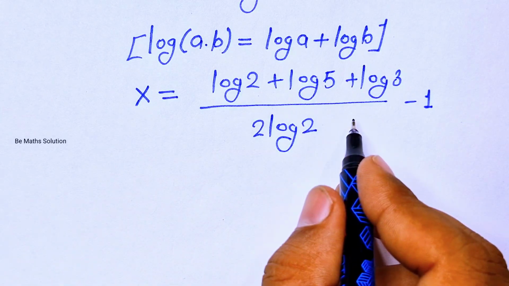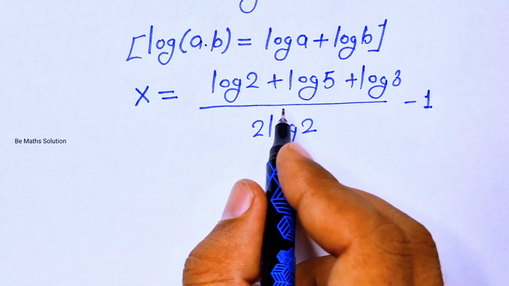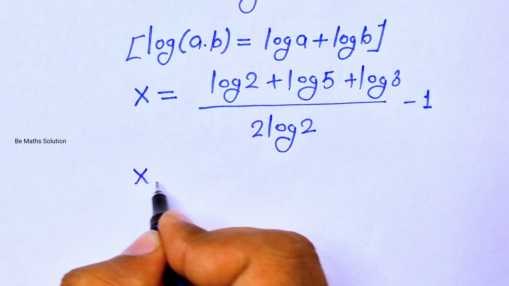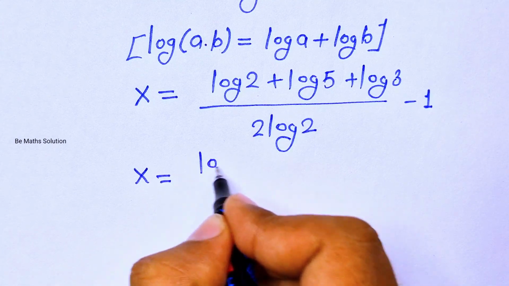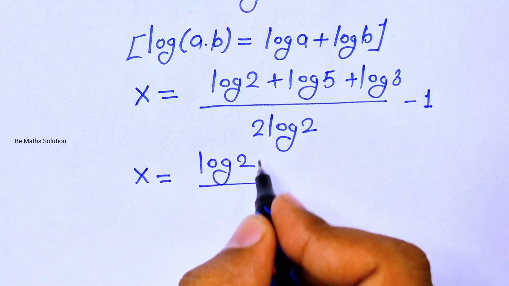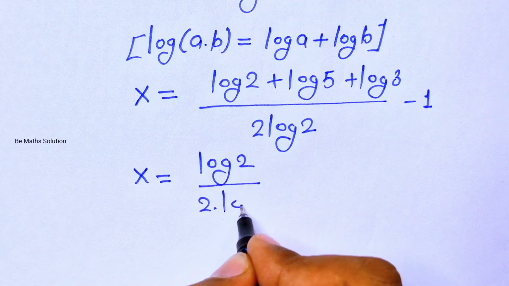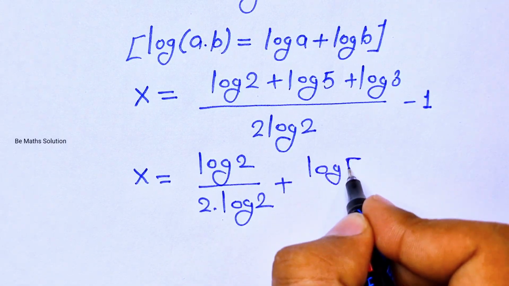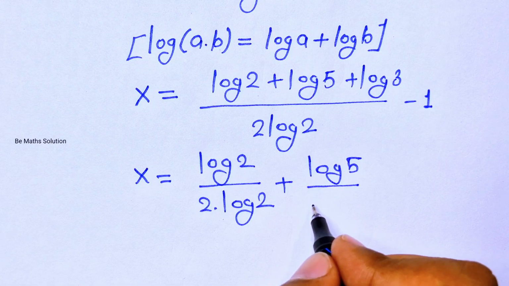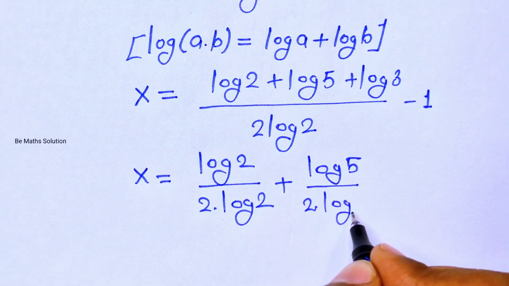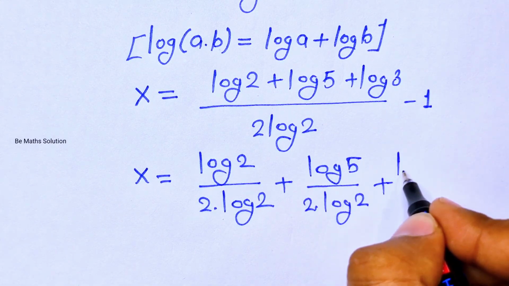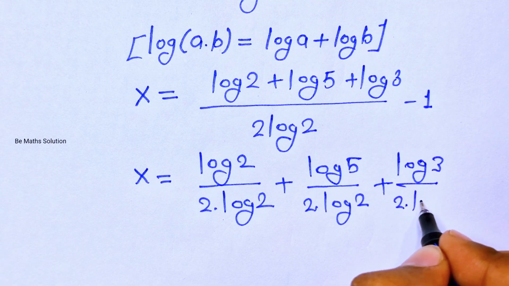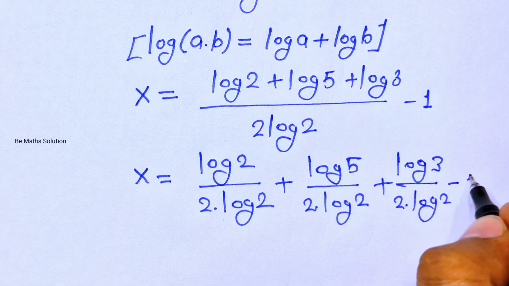Now at this moment, if I separate this fraction, you can say that x is equal to log 2 over 2 times log 2, plus log 5 over 2 times log 2, plus log 3 over 2 times log 2, minus 1.